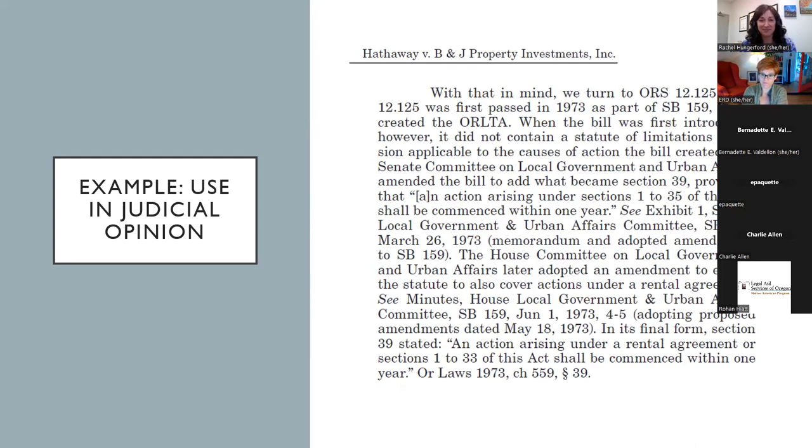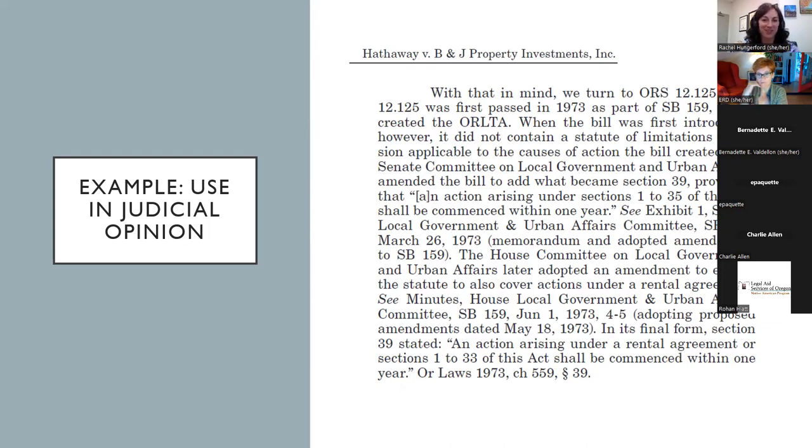And the court relied pretty heavily on legislative history in that case. I think that doesn't happen all that often, that you see opinions really going into detail about the legislative history, but this one did. So I have just an excerpt from that and how they used committee exhibits.